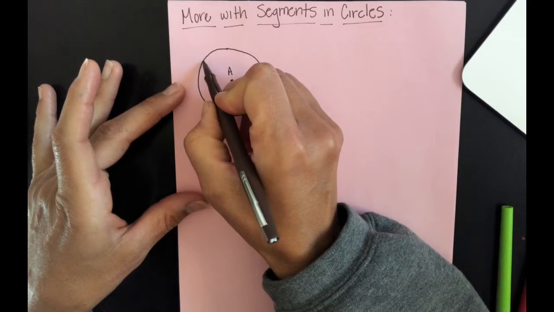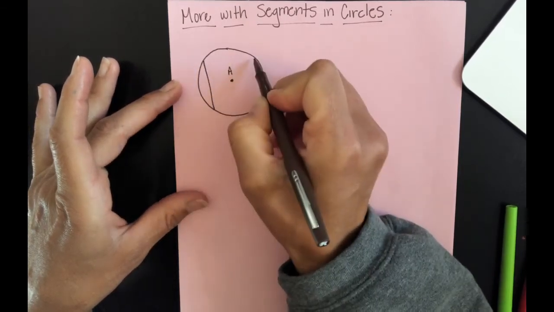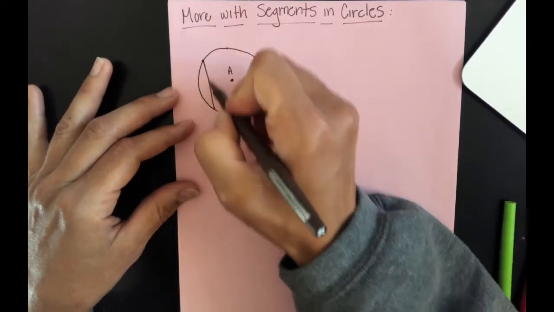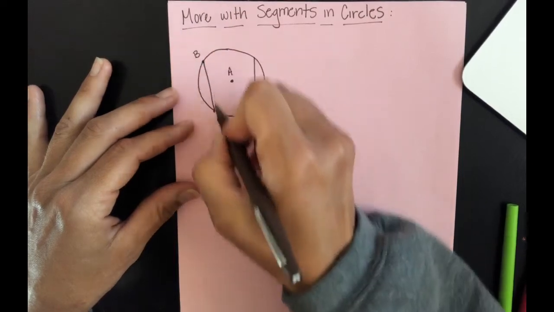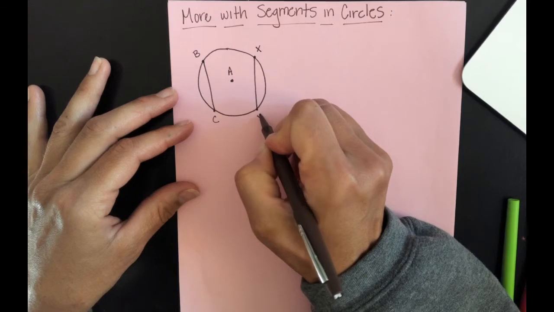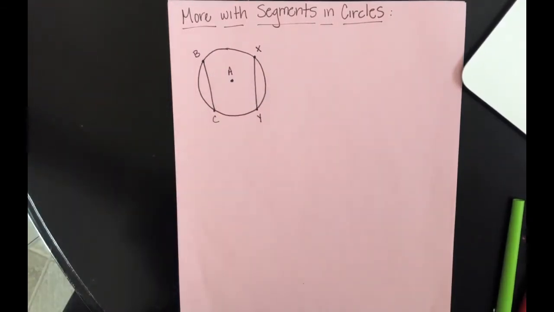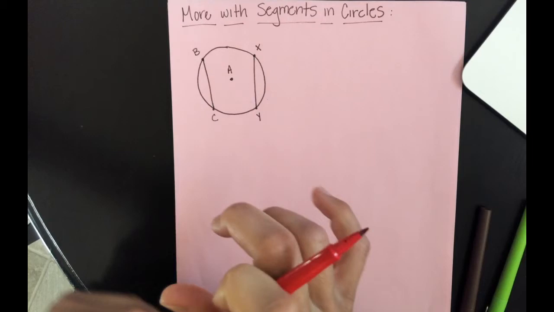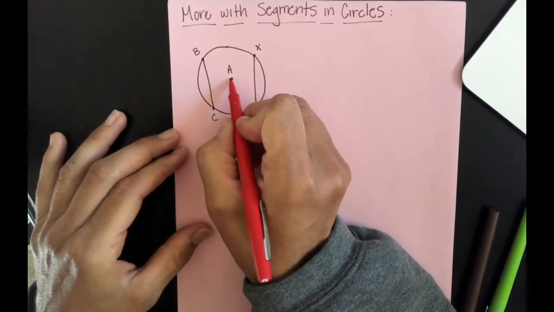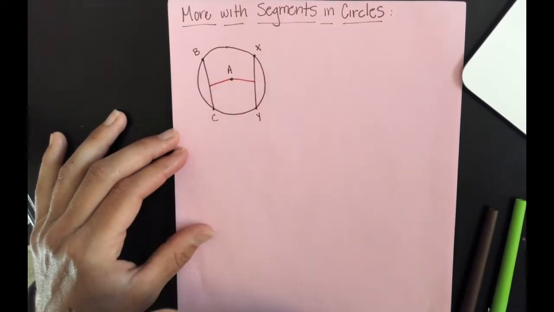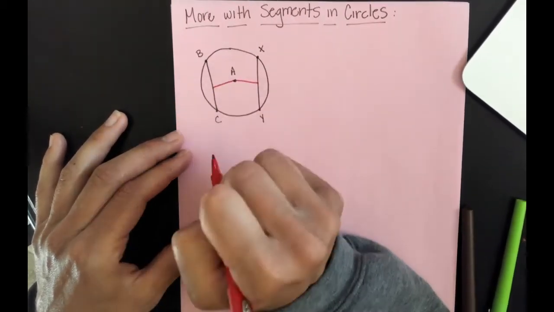what happens if two chords are placed in a circle, and we'll call this one BC, we'll call this one XY, and the biggest piece of information that we want to look at right now is they're not at this point radii, but we are going to look at these two segments from A, from our center.